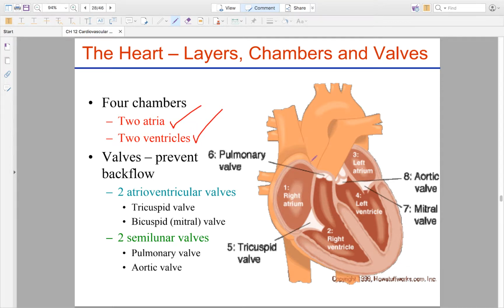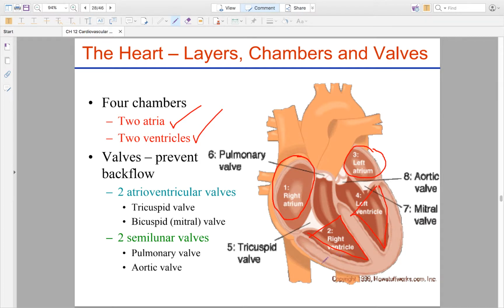If we look at this picture here, they've done a coronal cut on the heart, and you can see the right atrium. Then there's a left atrium. Then you'll see a right ventricle down here, and then a left ventricle.